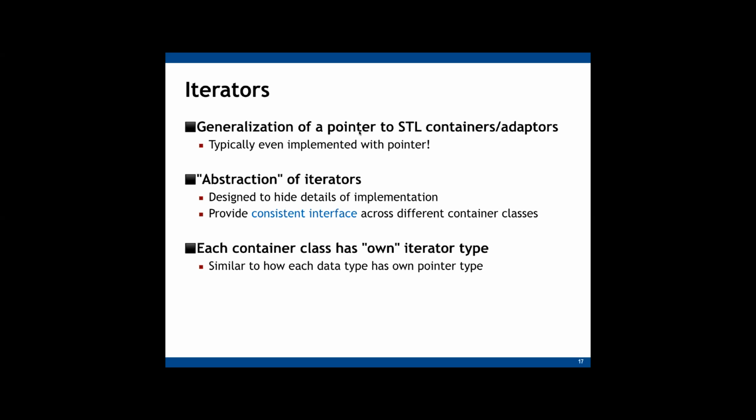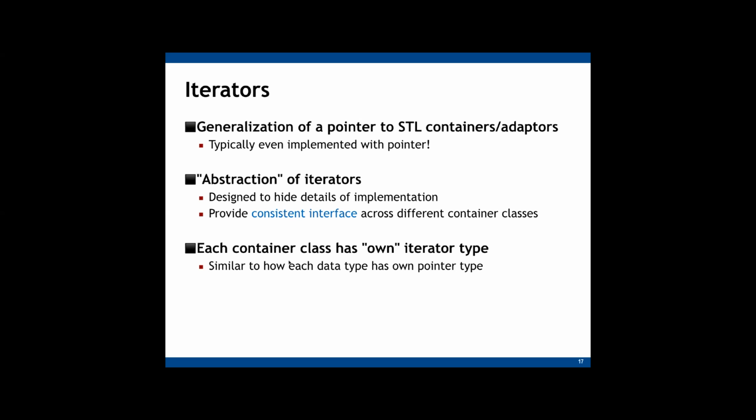Iterators are designed to hide details of the implementation, and they give a consistent interface across different container classes. So you can say that iterators are abstracted because detailed implementation is hidden from the user, and because it provides a consistent interface, you can access elements using similar syntax across different containers.